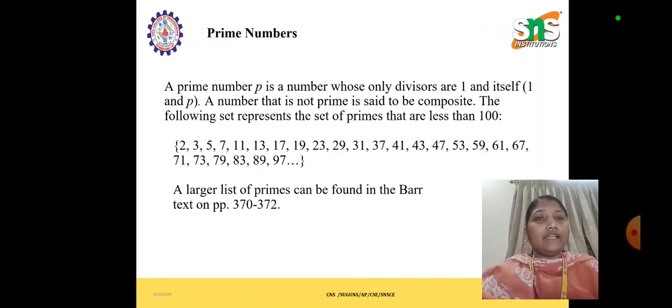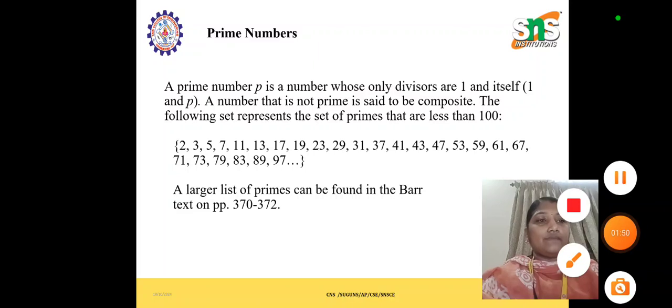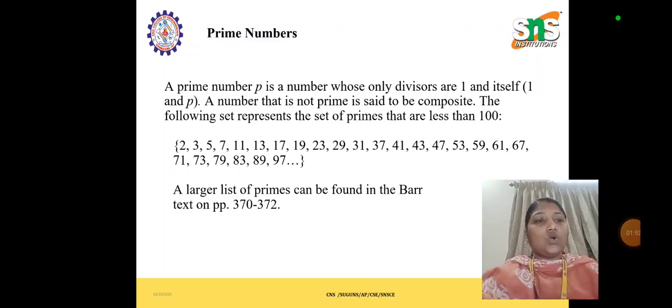So here primality testing will play a major role. Primality testing is the process of determining whether a given number is prime or not. Here we are using the Miller-Rabin algorithm and Fermat's primality testing in order to identify whether the given number is a prime number or not.